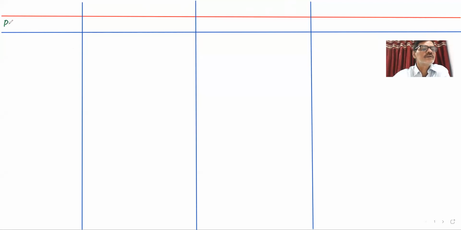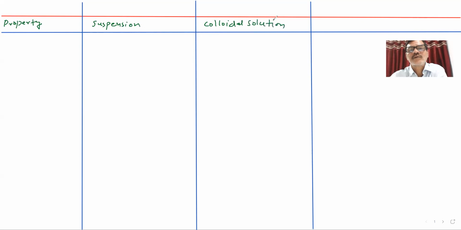This is property and suspension. This is colloidal solution. And this is true solution.